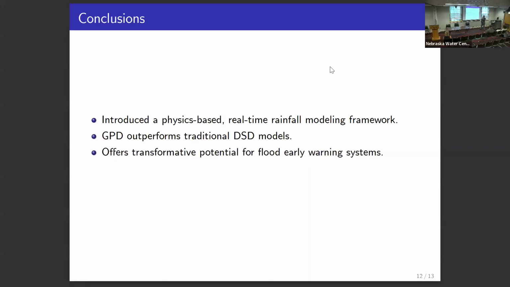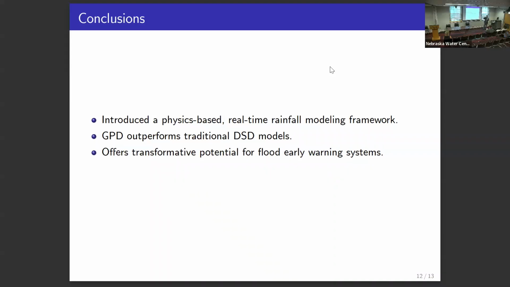So the conclusion is this research introduced a physics-based real-time rainfall modeling framework. It still has a lot of work to do for practice. Here we have a general power law distribution that outperforms the traditional drop size distribution models.